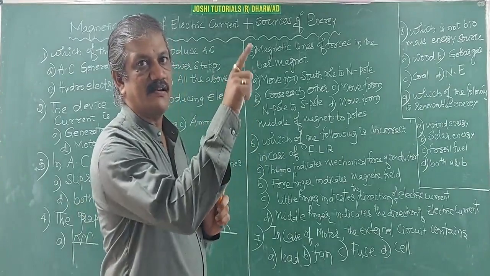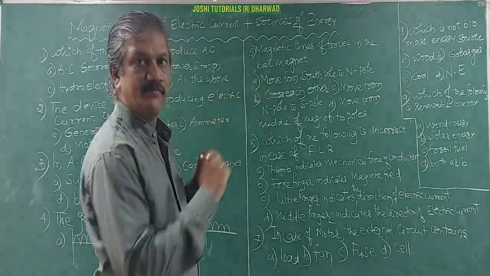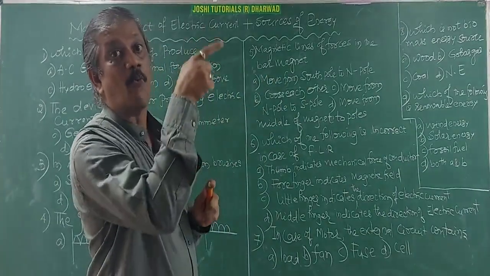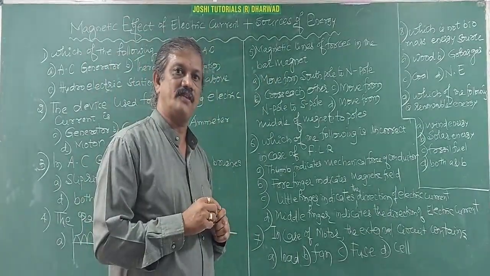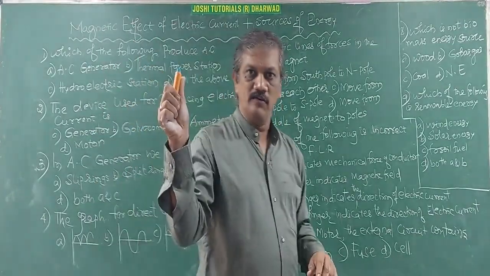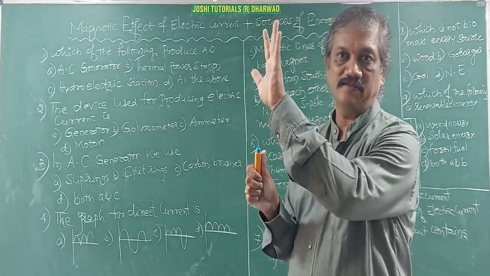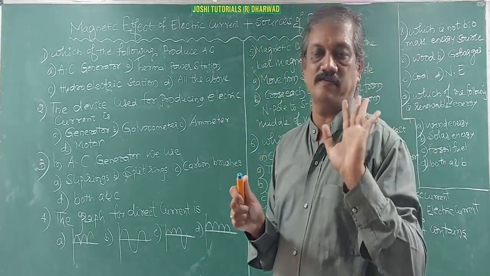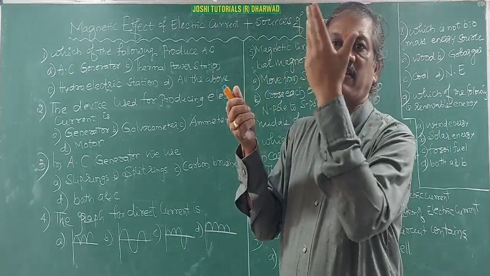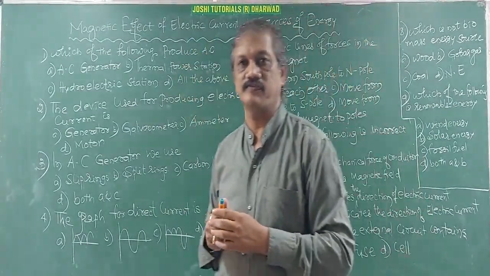Magnetic lines in case of a magnet are in the form of loops. They may ask here: when you hold a straight conductor, the thumb rule, then thumb indicates what? Direction of current. Remaining fingers show the magnetic lines.